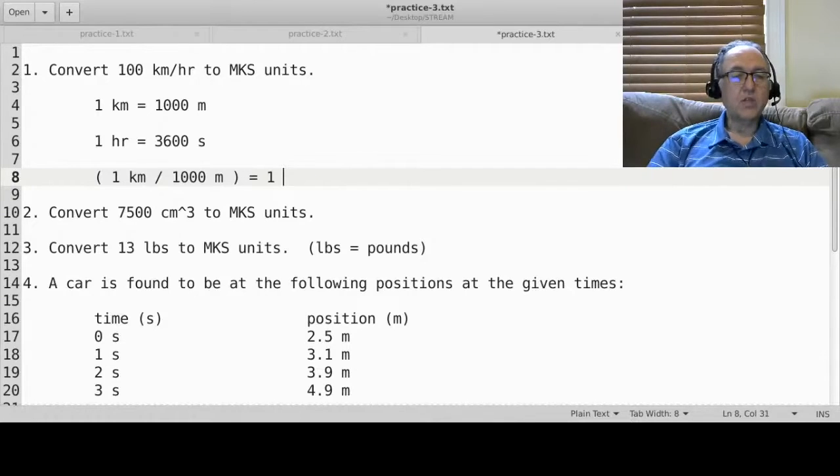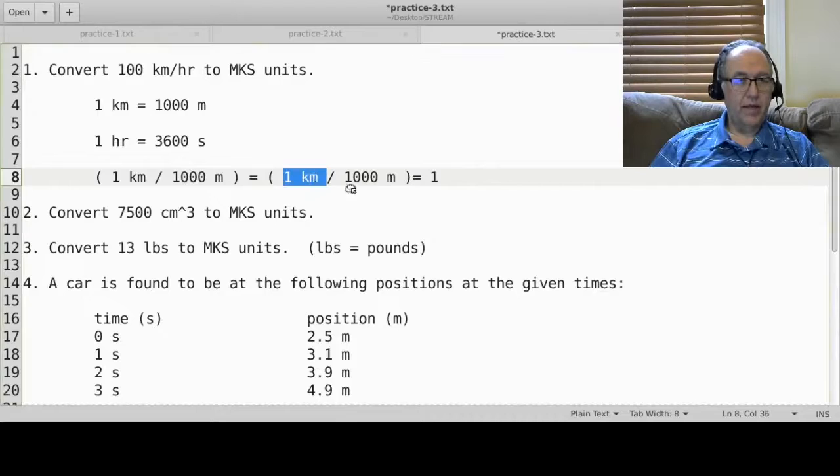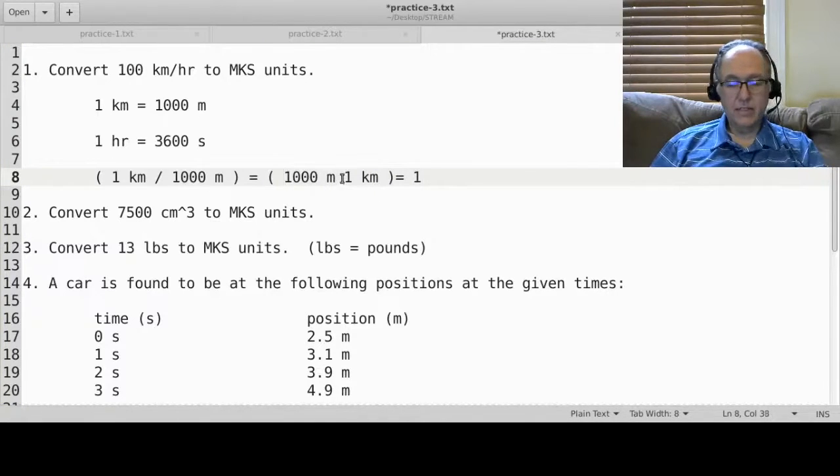You can also make the fraction the other way around. I could take this and flip it around, like this. So instead of the kilometer being in the numerator, I move the kilometer to the denominator. And this is still equal to 1. You'll see why I'm looking at both of these in just a second.